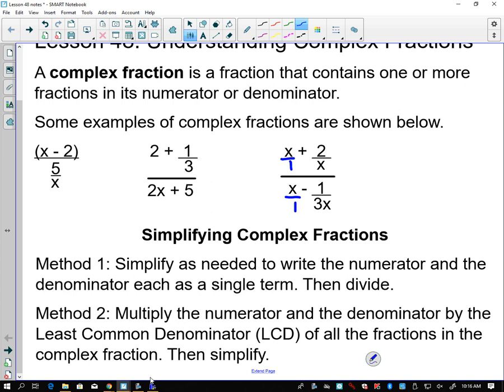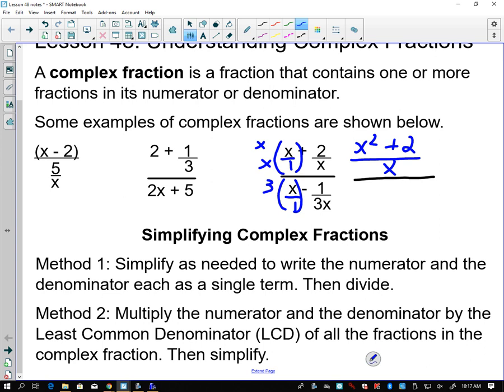And that's really what we're endeavoring to do on this third one. What am I going to have to do here to get a common denominator? x over x here, which is going to give me (x squared plus 2) all over x, right? But that's a single fraction now where it wasn't before. Down here, what do I have to do to get a common denominator? 3x.